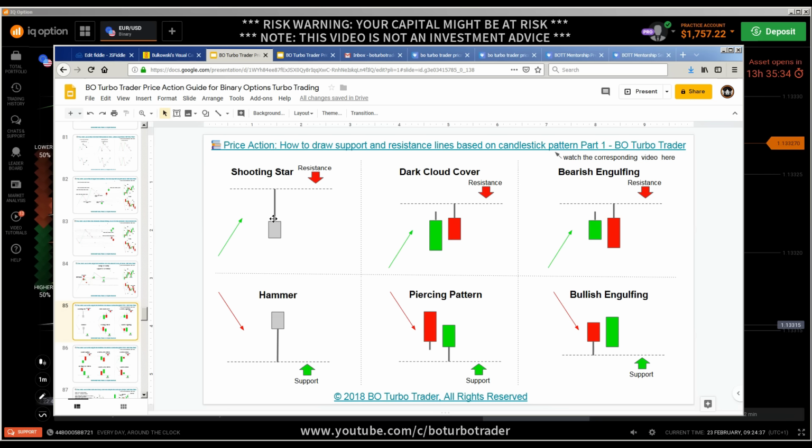That can be a gravestone doji, a dragonfly doji, a pin bar, an inverted pin bar, or a bullish or bearish pin bar. You understand? All of those reversal patterns create resistance and support levels, and it's not only those candlesticks which I'm showing.